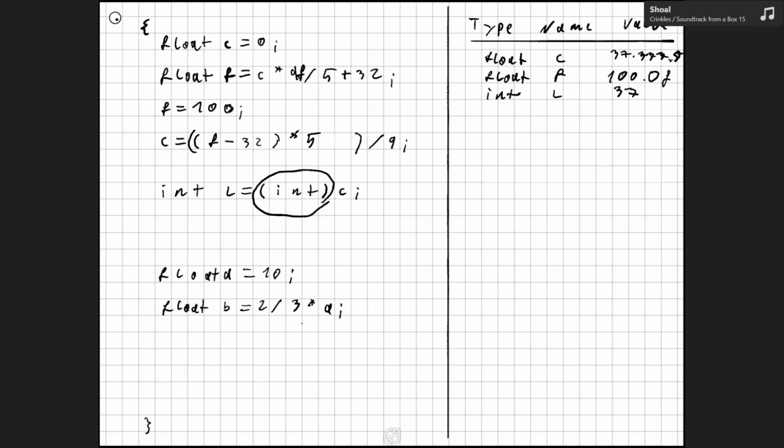But it will still be 0 because those two are by default treated as integers, not floats. So we still calculate integer 2 divided by integer 3, which will result in a 0, which is then implicitly cast to float to be multiplied with this a, but still results in a floating point number 0.